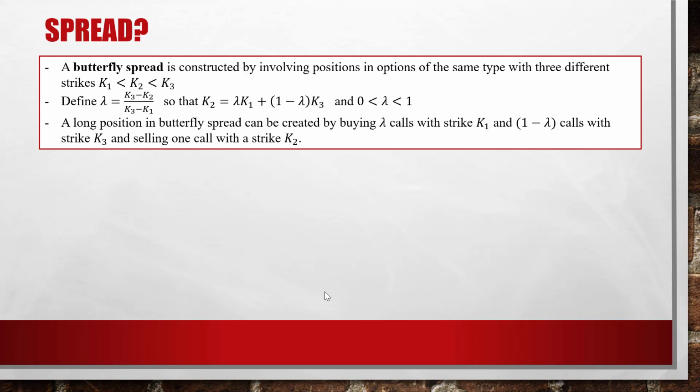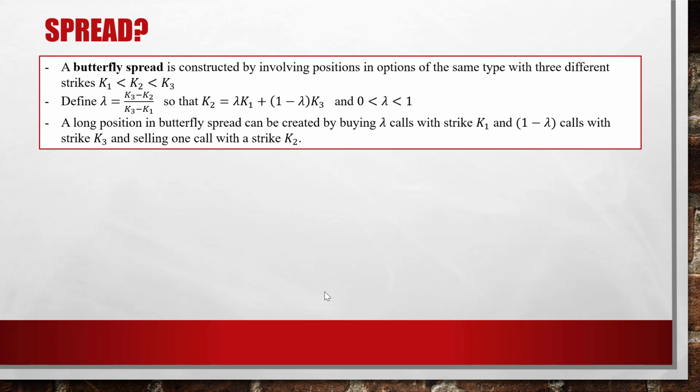We define a ratio lambda equal to (K3 minus K2) over (K3 minus K1). And from here we solve for the middle strike: K2 should be lambda K1 plus (1 minus lambda) K3, with 0 less than lambda less than 1. So here you see K2 is on the left side, K1 and K3 on the right side.